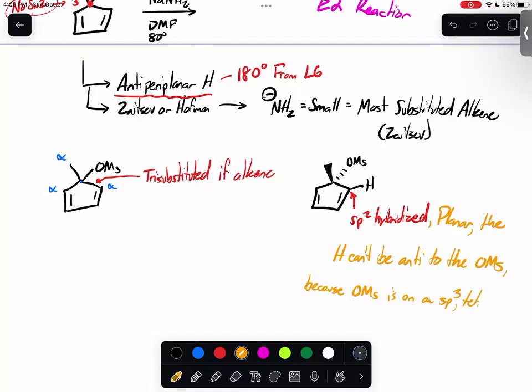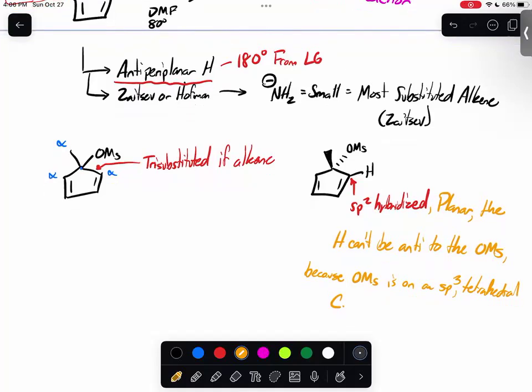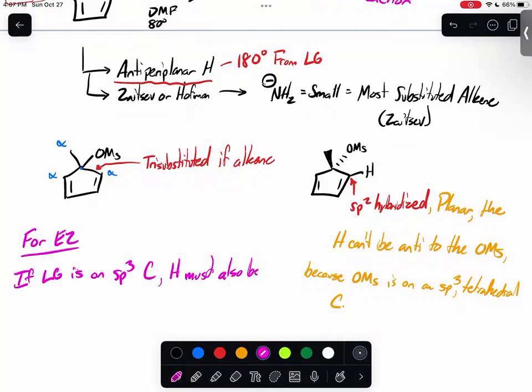tetrahedral carbon. So what we're looking at is we actually have an interesting statement about E2 that we can make here. And that is for E2, if the leaving group is on an sp3 hybridized carbon, then the hydrogen must also be on an sp3 hybridized carbon.